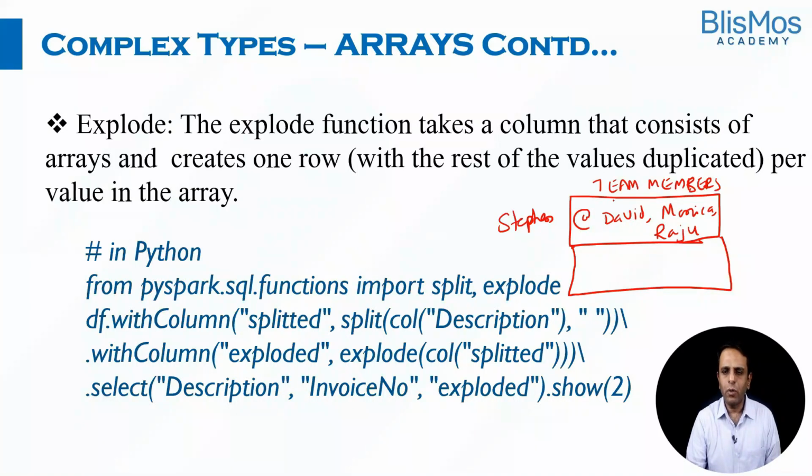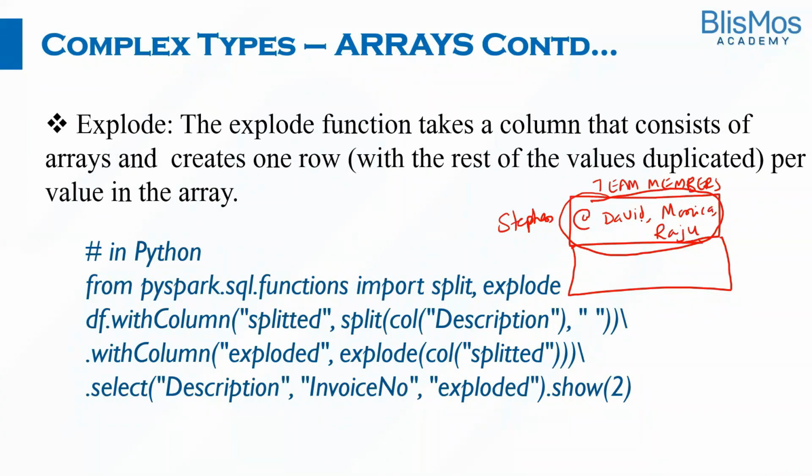If I explode this particular column, each of the elements of an array would become one separate row. So here we'll have Stephen, and we'll have David, we'll have Monica, and we'll have Raju.